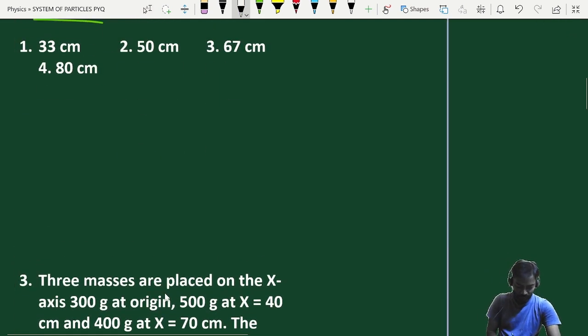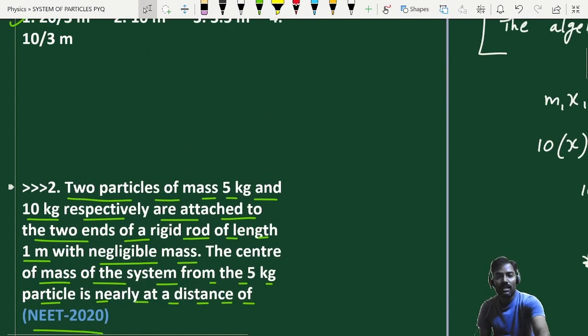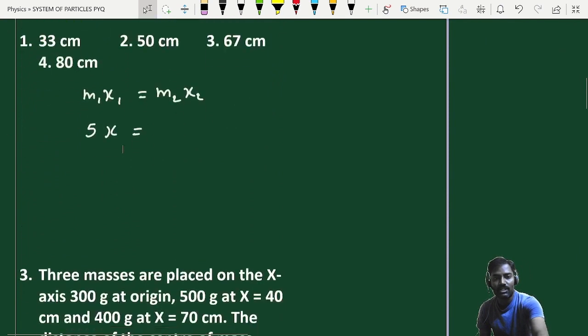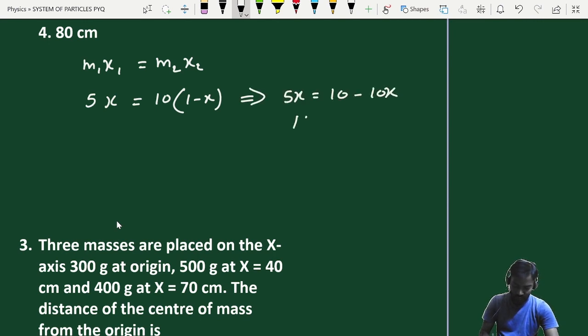According to principle of moments, m1x1 is equals to m2x2. m1 is 5 kg into x. What is m2 here? The mass of the other body is 10 kg into what is the distance? 1 minus x. So as a result, 5x is equals to 10 minus 10x, 15x is equals to 10.